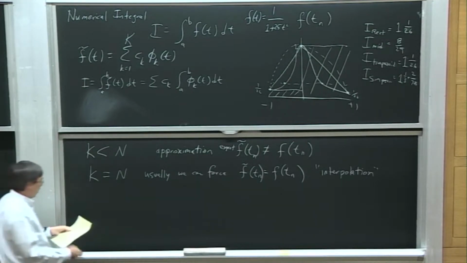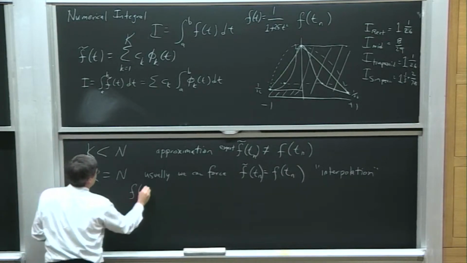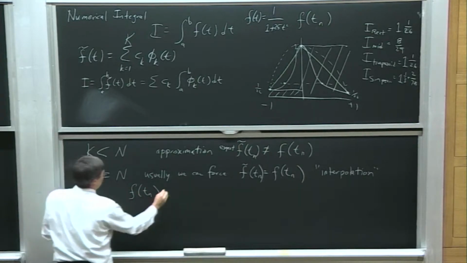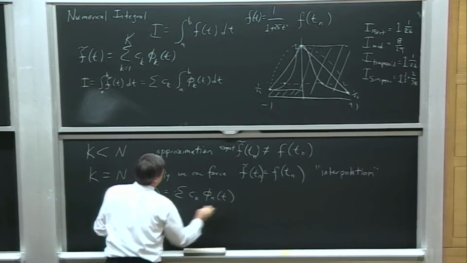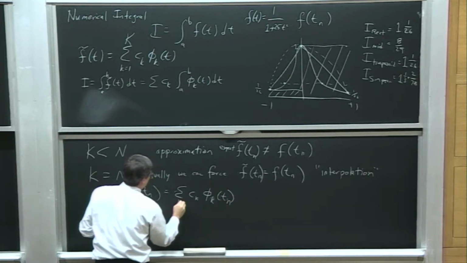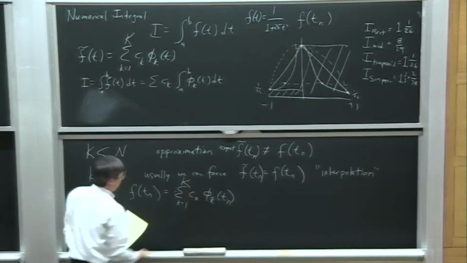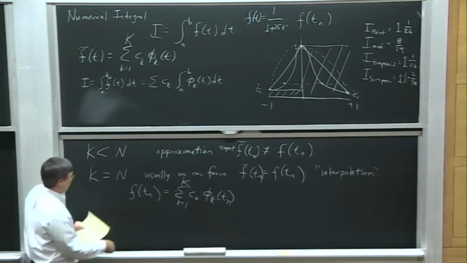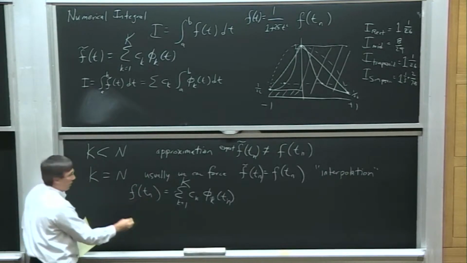And in that case, you can write down this nice linear equation. We're trying to make f of t n, for the true function, equal to the sum of c k phi k of t n, with k going up to n. I can rewrite this way: this is like a set of numbers, so I can write it as a vector.